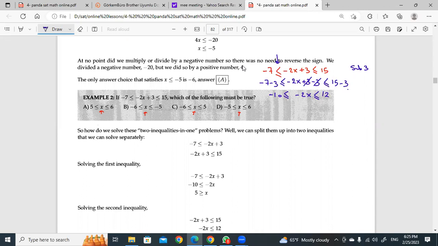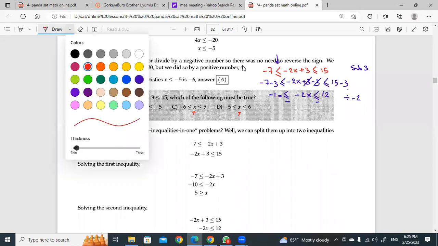And after this, I have to make another step to get rid of the negative 2. How can I get rid of the negative 2? Divide by negative 2 on both sides. Exactly, but remember, with inequalities and dividing by negative numbers, I have to change this sign.